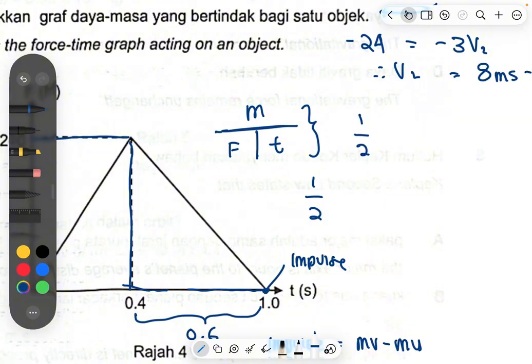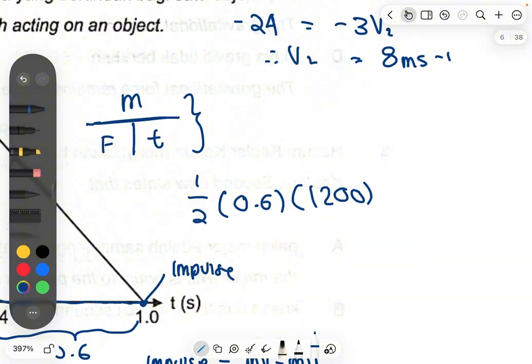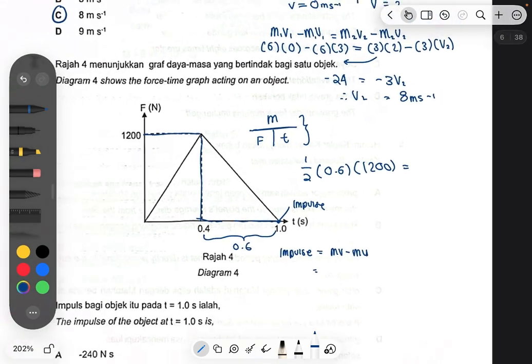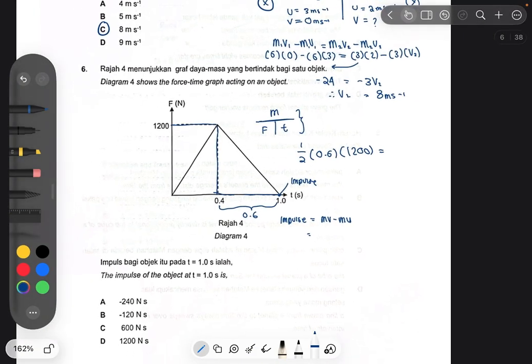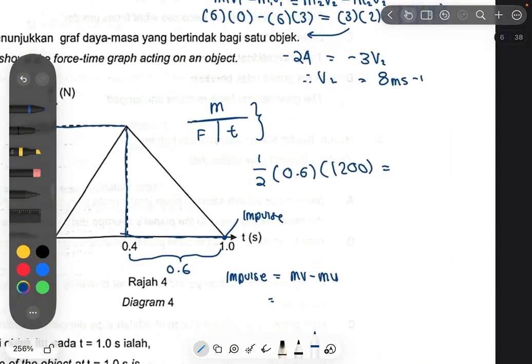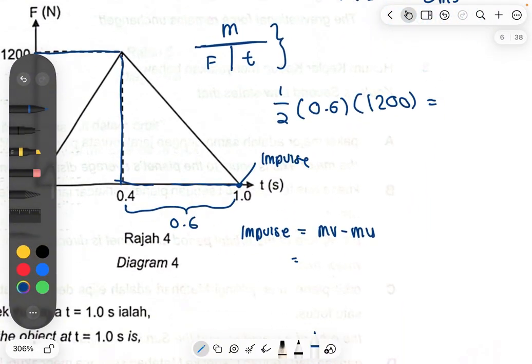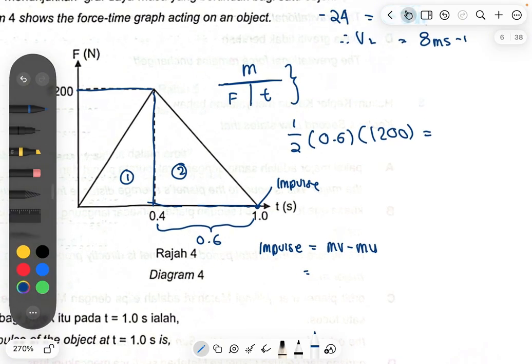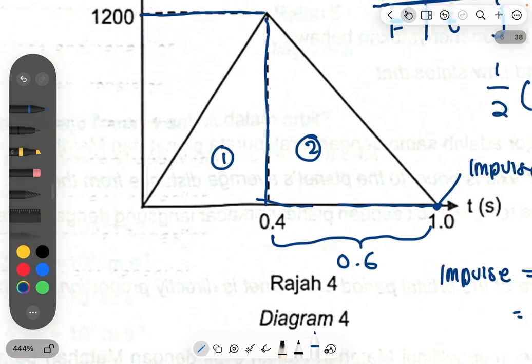So 1 over 2 times 0.6 times 1200 is equal to 360.